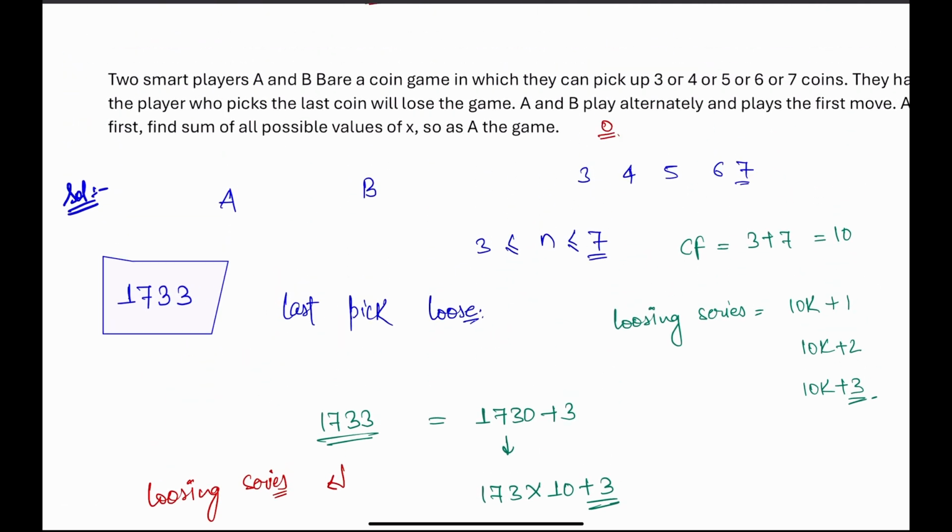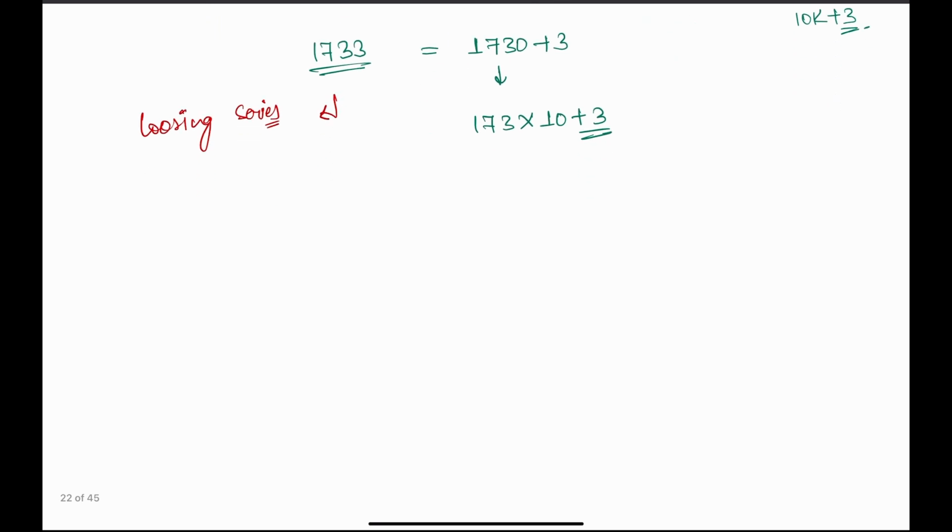Or if not, then we can take one example also. Let's verify. 10k plus 1 is the losing series, 10k plus 2 is the losing series, 10k plus 3 is the losing series.